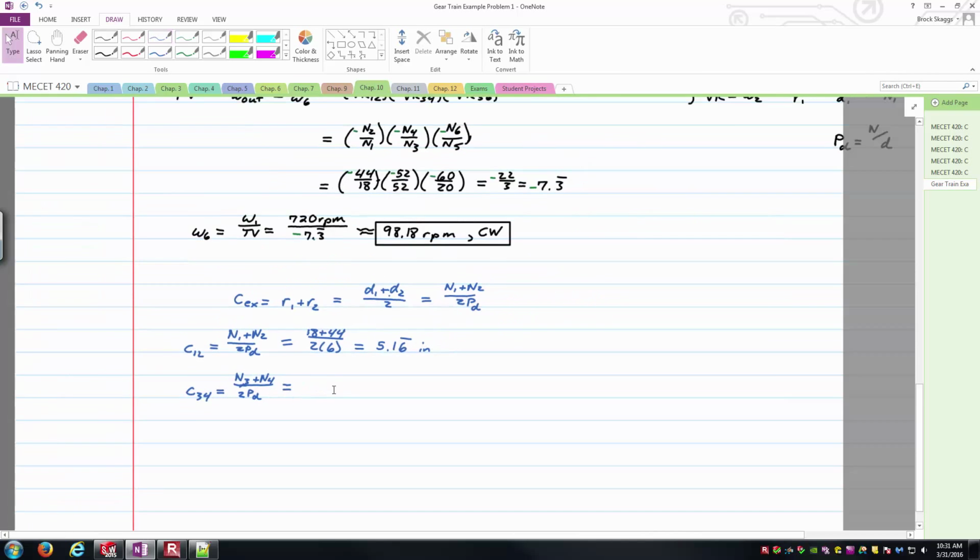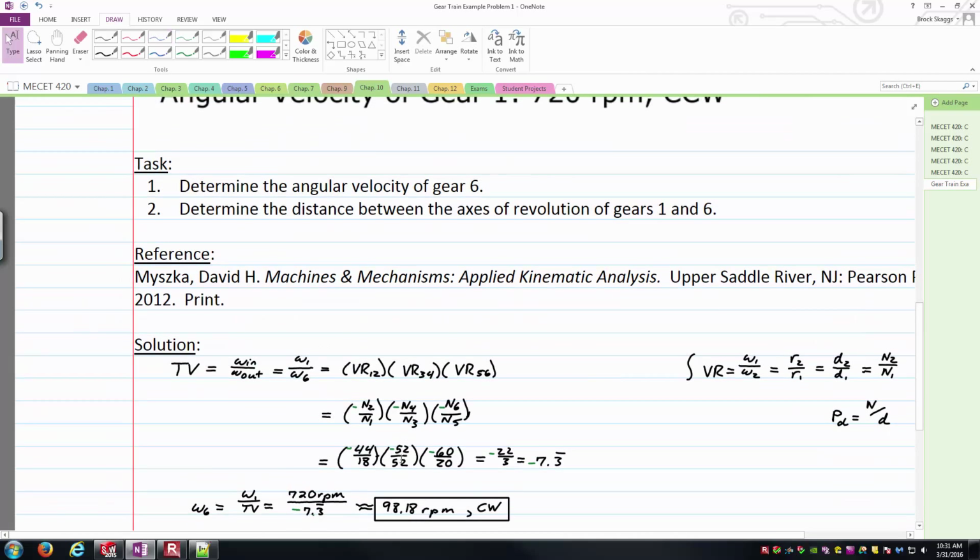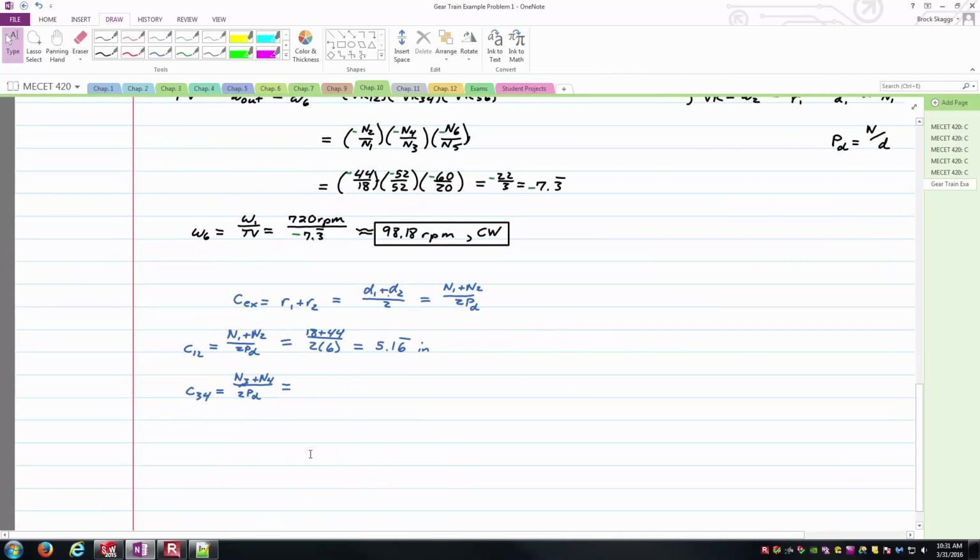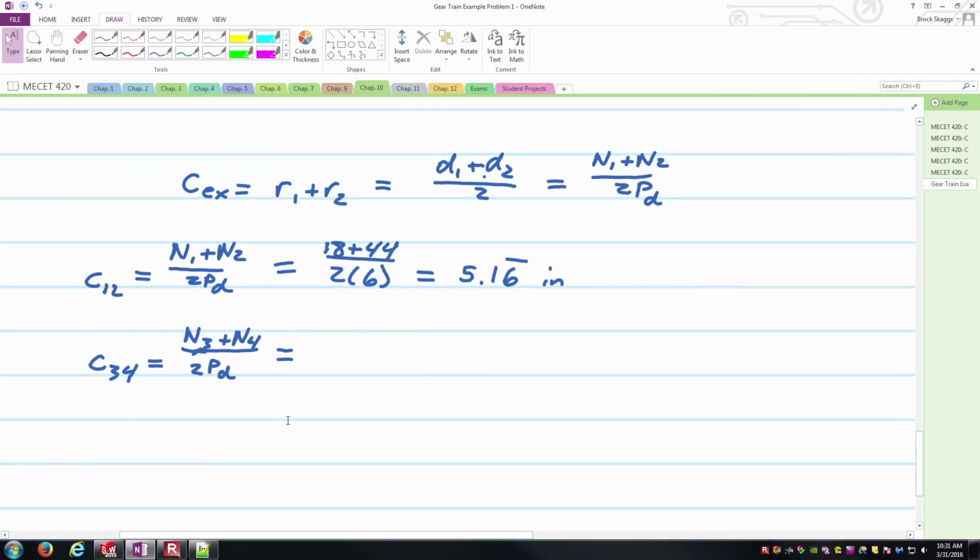So N3 and N4, I believe those both had 52 for the number of teeth. So just following the formula, 52 plus 52 divided by 2 times 6 gives 8.6 repeating, so 8 2/3 of an inch here.